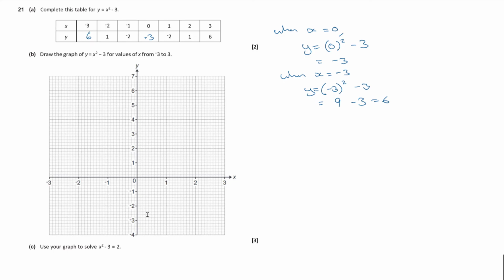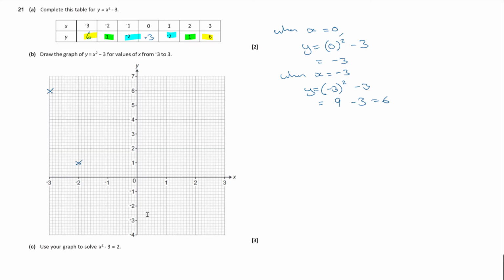Okay? Now, you should note that these graphs are vaguely symmetrical around the middle, aren't they? Because they're parabolas. And so you've seen that you've got 6 and 6, 1 and 1, minus 2, minus 2. So you can kind of use that to reassure yourself you've got them right. Okay, so then let's plot those points. Minus 3, 6. Minus 2, 1.